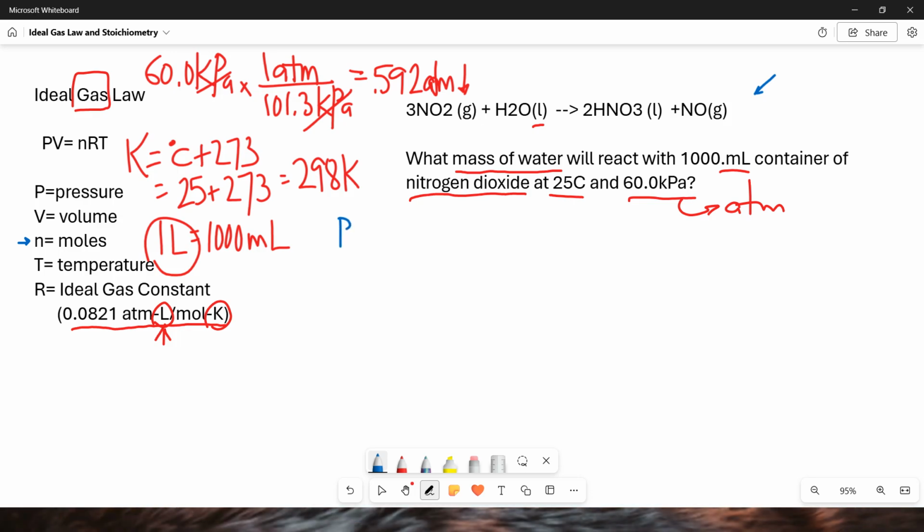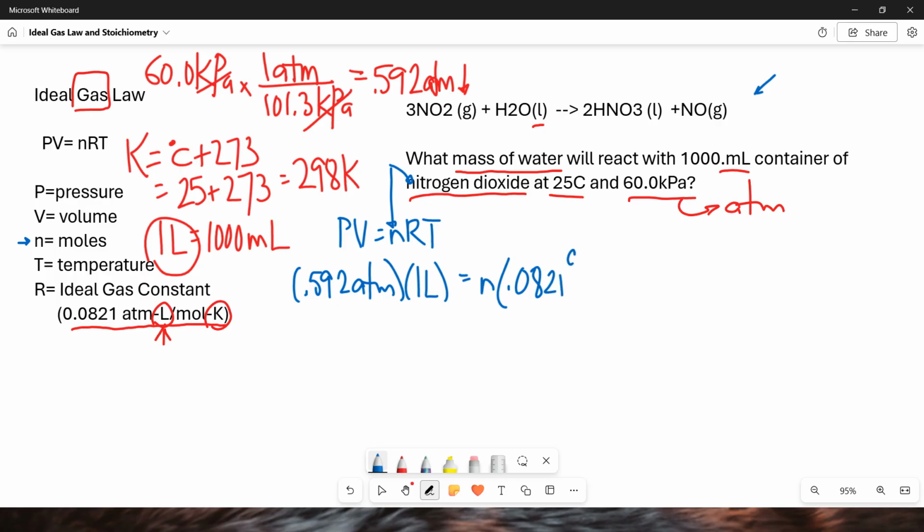So I'm going to use PV equals nRT, and I'm going to be solving for n for nitrogen dioxide. The pressure is going to be 0.592 atmospheres times 1 liter equals the moles that we're solving for times the constant 0.0821 atmosphere liter over mole K times our temperature of 298 K. Solving for n, we're going to divide both sides by the 0.0821 and the 298.